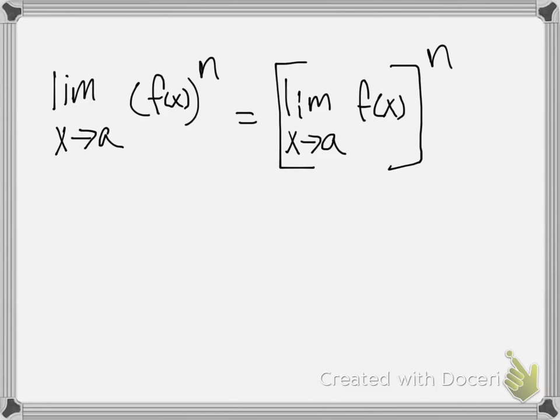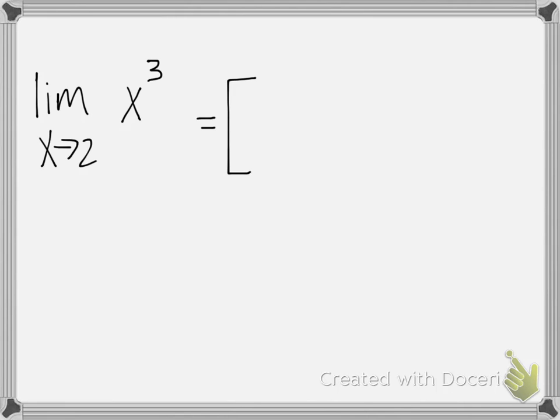Alright, so an example of this would be, say we have the limit as x approaches, let's just say 2, of x cubed. Based off of that definition, that is going to be equal to the limit as x approaches 2 of x raised to some power, which in this case we said was 3.